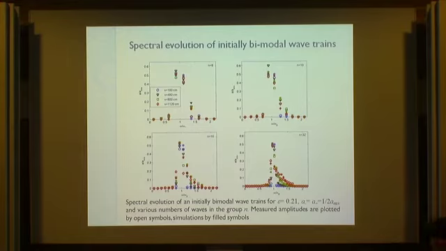We also made similar investigations for an initially bimodal spectrum with different amplitudes of the two waves to see how it will affect things, and we also proved that the closer the initial amplitudes and initial frequencies are to each other, the more interactions there will be. And also a spectrum of one carrier wave with a big amplitude and one or two sidebands with a small amplitude, like 1/10 of the carrier.